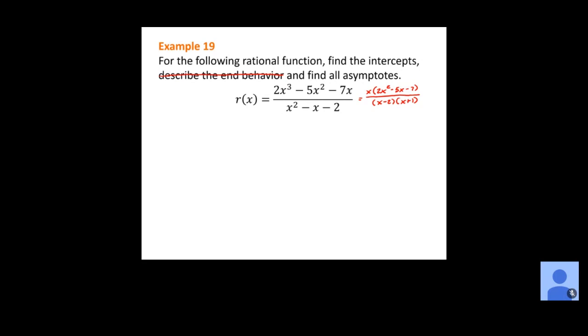Can we factor the numerator any further than that? Okay, so if we look at the 2x squared minus 5x minus 7, you can keep your x, and let's see if we can come up with two factors that would give us 2x squared minus 5x minus 7.